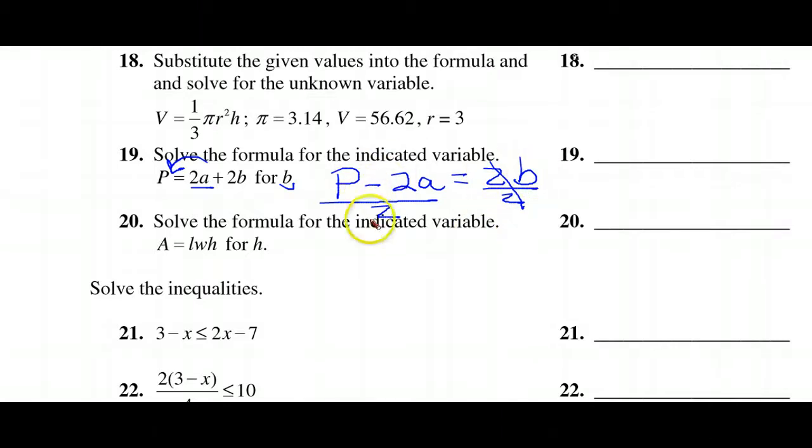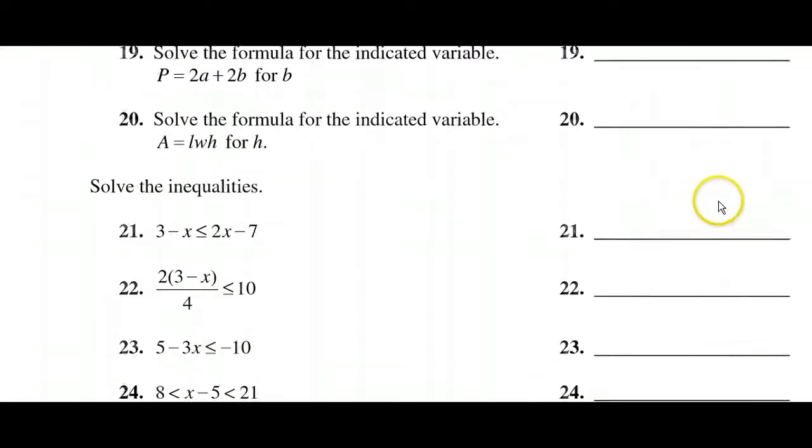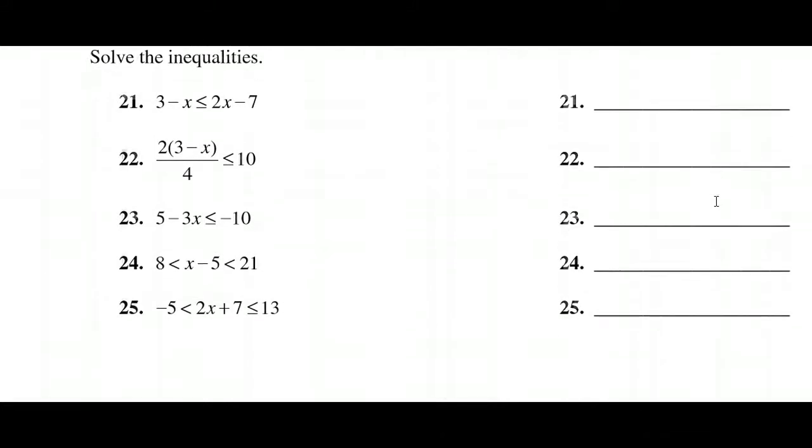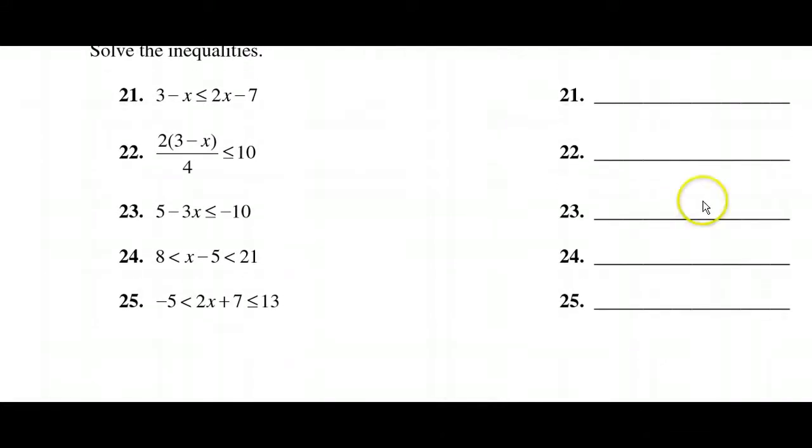And B equals this. Now we want to solve for H. So we're going to divide by those things we don't want, since these are all factors, by LW. This way the L cancels out, W cancels out, and we get H equals A over LW. Okay, again, there's lots of stuff, but again, you work on your mastery by doing the practice.